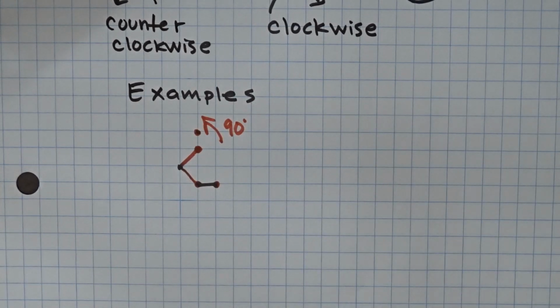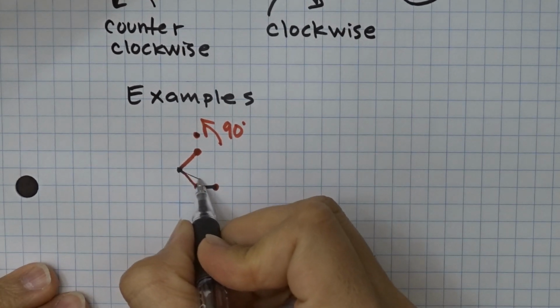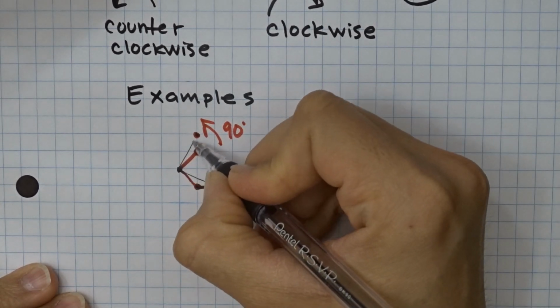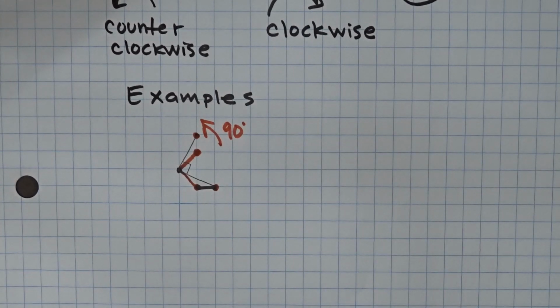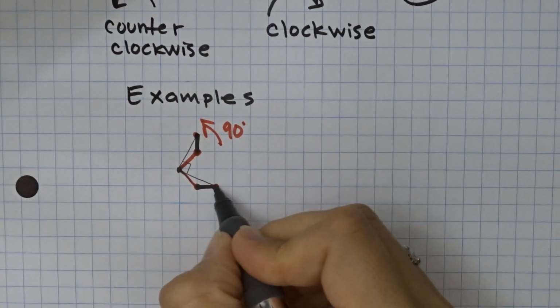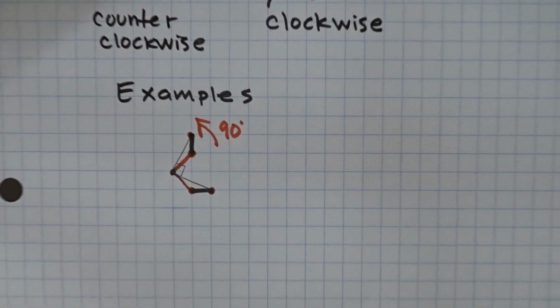And I'll do this one with the thinner marker. The line to that point, and a line to my new point, that creates a 90-degree angle also. So therefore, my new segment goes from here and here. So that is a 90-degree rotation.